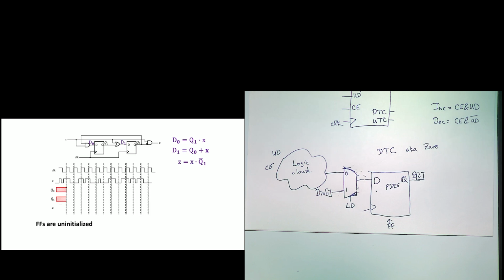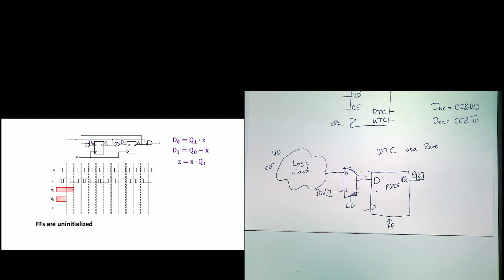What is D0 at the first clock edge? Undefined, right? Because Q1 is unknown and X is 1, and you AND 1 and unknown, that's unknown. So since D0 is unknown, that flip-flop is going to load an unknown value.